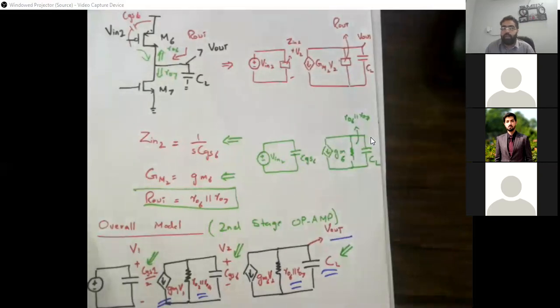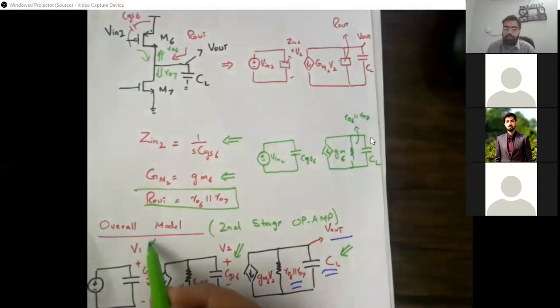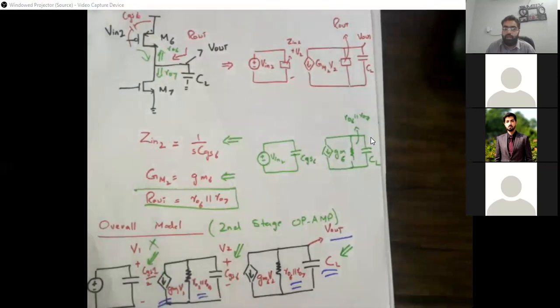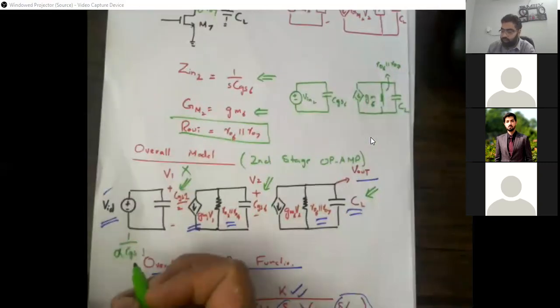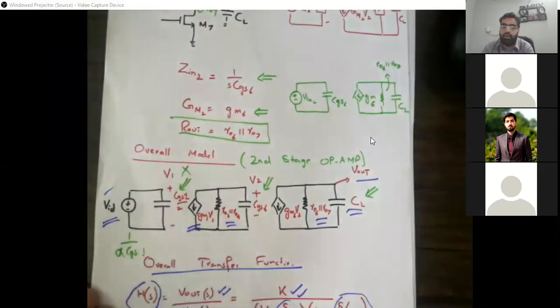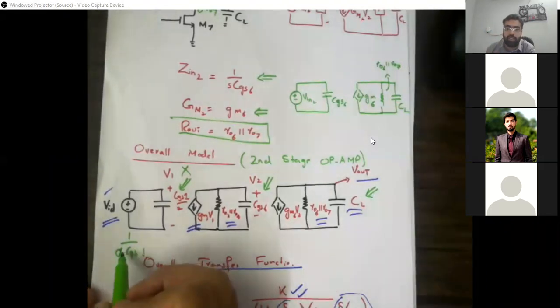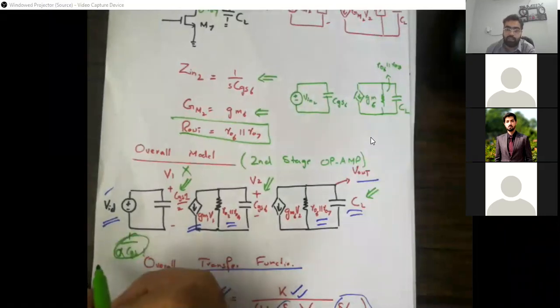But this pole is not going to affect us. Why? Because it's going to be multiplied by a resistance which is going to be infinite, a very high resistance, so it's going to be 1 over infinite times CGS1/2. So this pole is a DC blocking pole, and it will come at the very start. We are not concerned with it in the AC analysis.